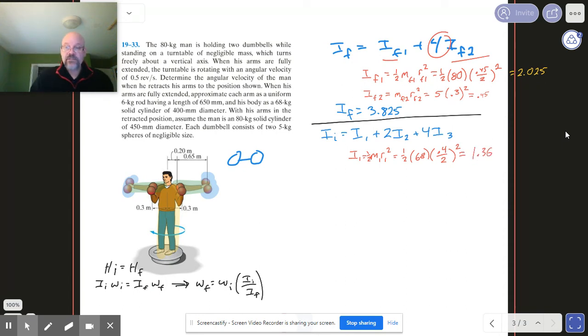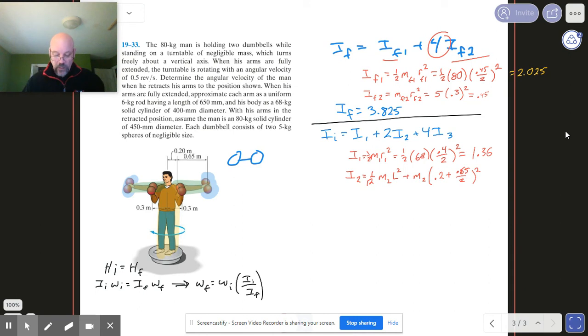Now let's do I2. I2 is his arms, and it's a little bit more complicated. We have the geometry term for his arms, which is 1/12 L squared, where L is the length of his arms. Then we have an offset term, which is M2 times the offset. The offset in this case is we have to get to the shoulder, and then go halfway down his arm, so 0.65 over 2, squared.